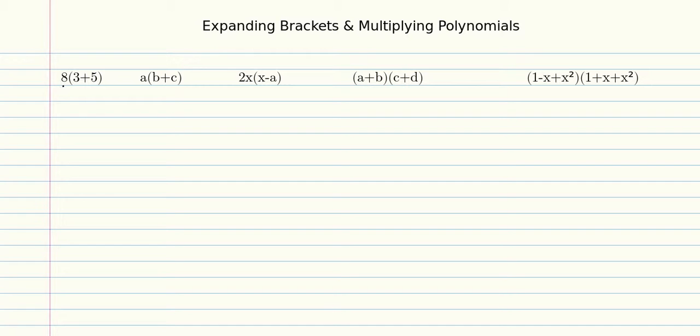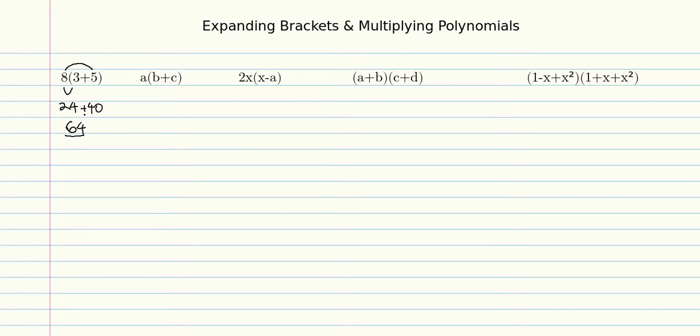So 8 times 3 equals 24, plus 8 times 5 equals 40. So the answer to that is 64, which is what we sort of knew beforehand.